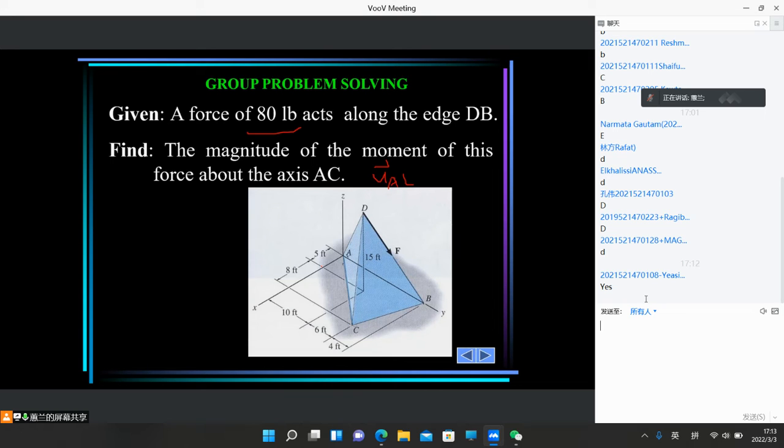Here, only its magnitude is given. Can you try to find the coordinate of force F? Find the coordinate of which point?